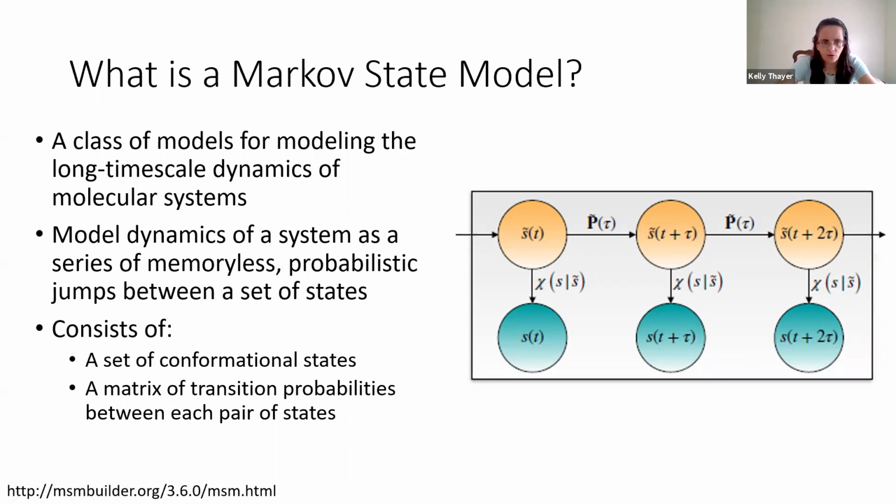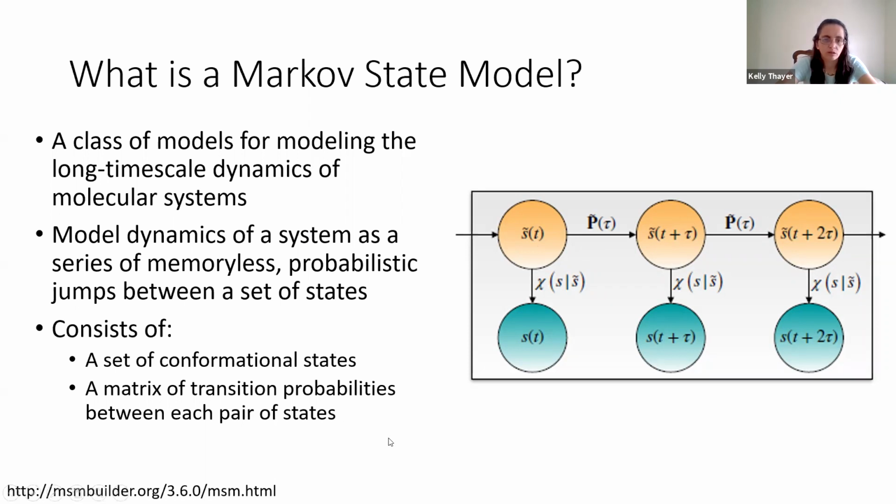And so then over some time, the idea is we would transition between those different states. Sometimes it will stay in the same state, and sometimes it will progress to a different state. And so we're going to try to understand what those probabilities of transition would be and where it can transition to. So that gives us the idea of how Markov state models are comprised.